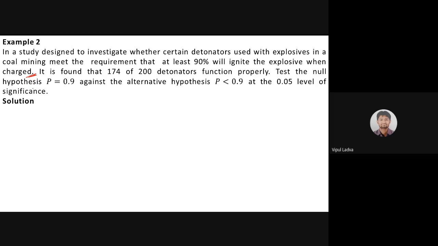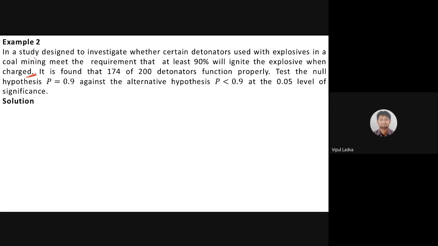There's a situation related to one of the mining, coal mining. हमको पता है वो कोयले की खदान जो होती, they guys always use detonator. उसको एक्सपोज करते, इग्नाइट करते, और उसी से वो खदान में खुदाई होती, ठीक है?